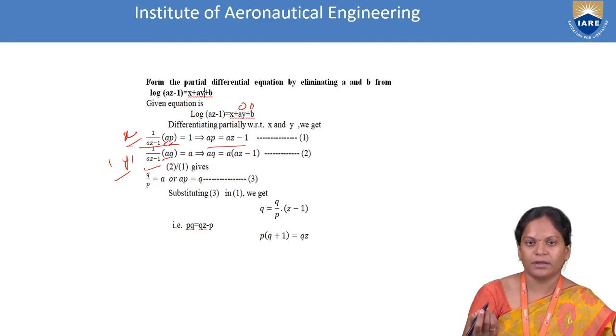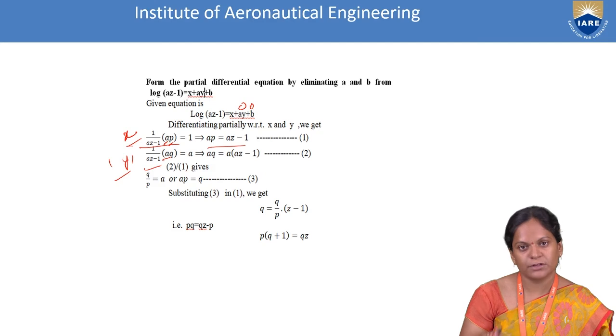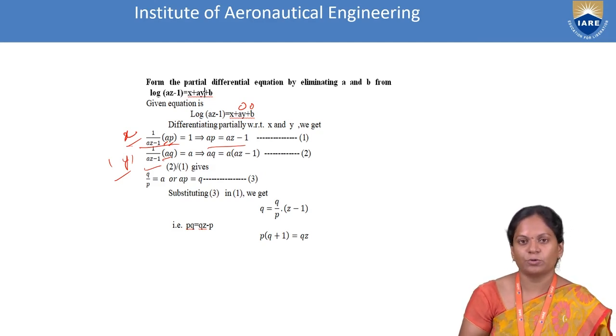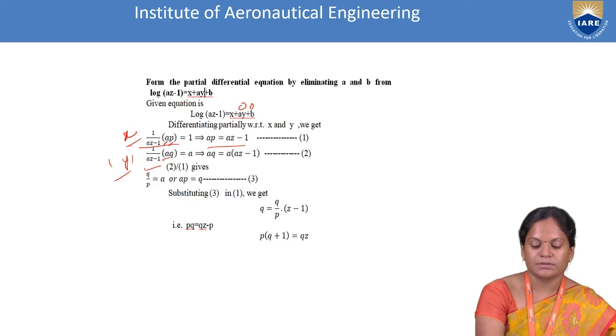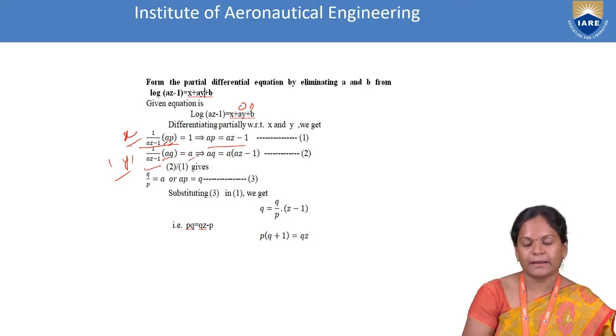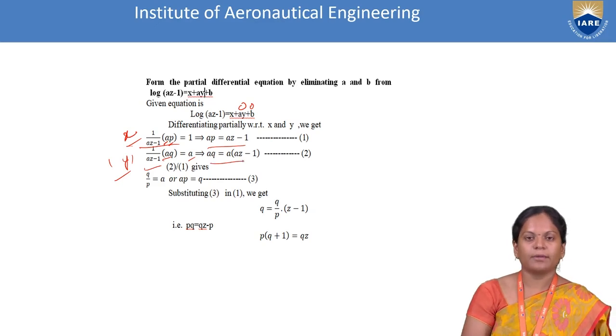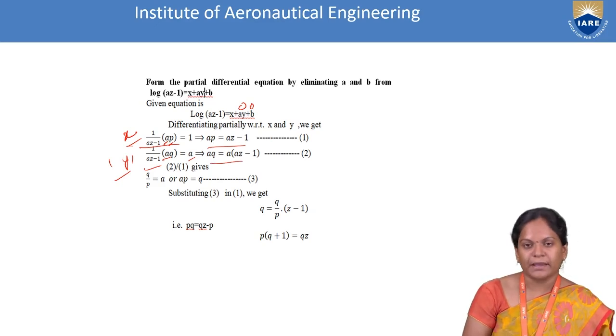If we are taking differentiation partially with respect to y, then x is treated as constant. Constant derivative becomes 0. So 0 plus a into y. y with respect to y means 1. So a. p is the constant. Constant derivative becomes 0. Now we get aq equal to az minus 1. This is the second equation.